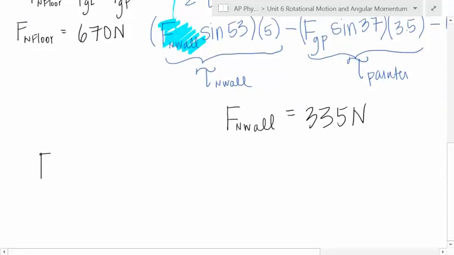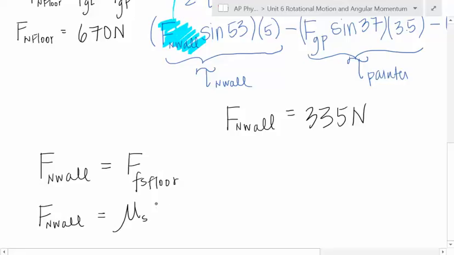So then the normal force from the wall should be equal to the force of static friction from the floor. I'm just repeating what we had written up there. So the normal force from the wall should be equal to mu static times the normal force from the floor.